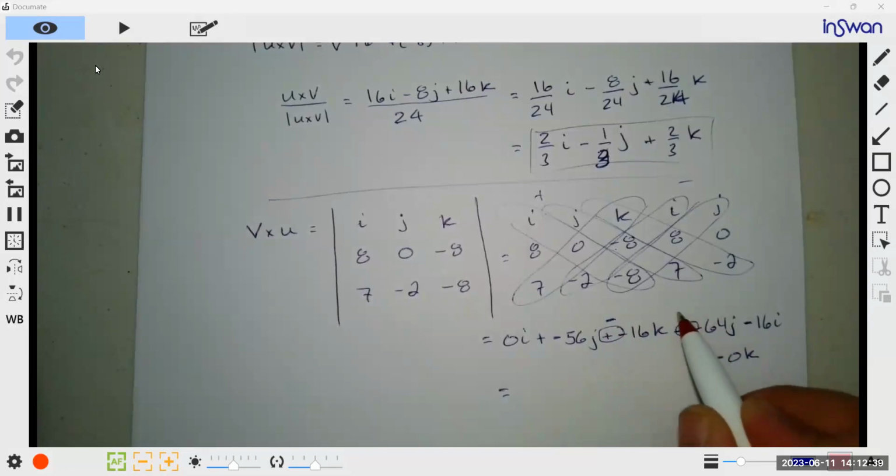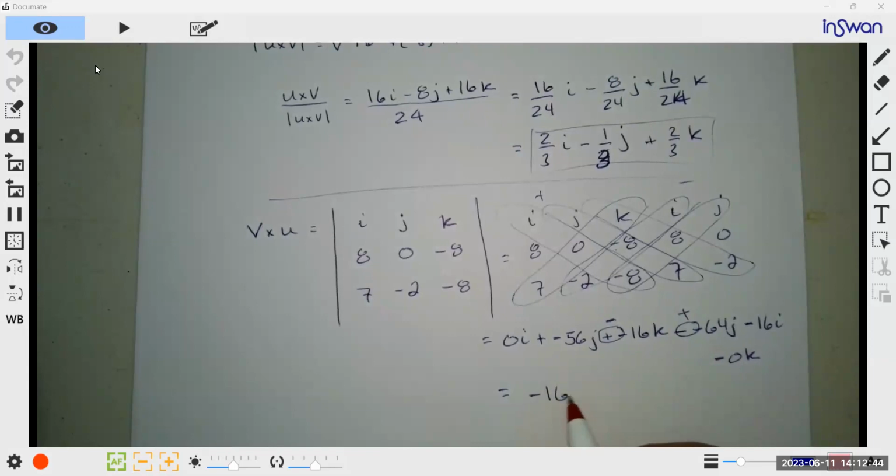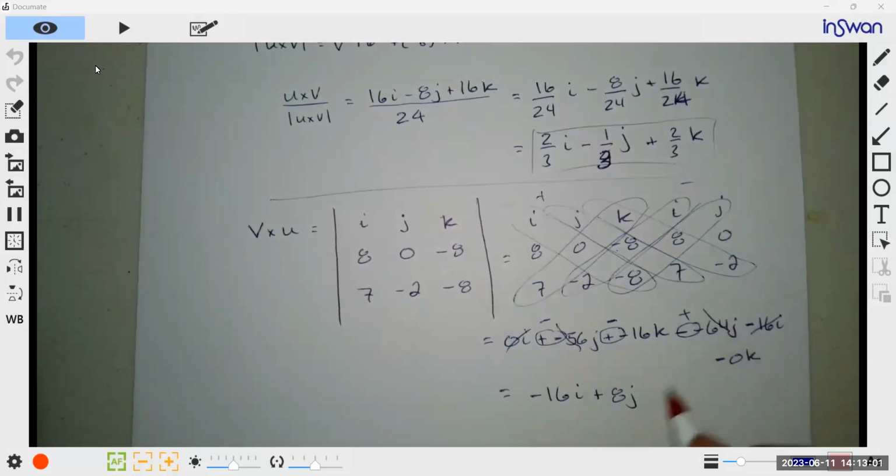Because minus, this becomes a plus. So we have negative 16i, 56, this becomes a negative, so this becomes a positive 8j and a negative 16k.